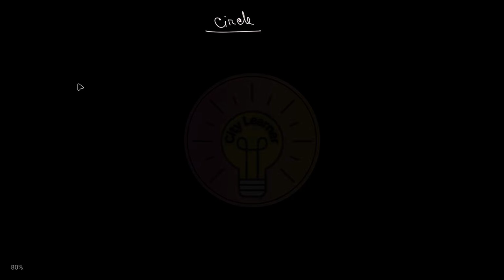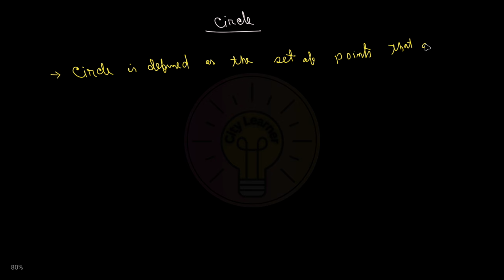Today we are going to discuss circle. So what is a circle? A circle is defined as the set of points that are adjacent to each other and equidistant from a fixed point called the center.